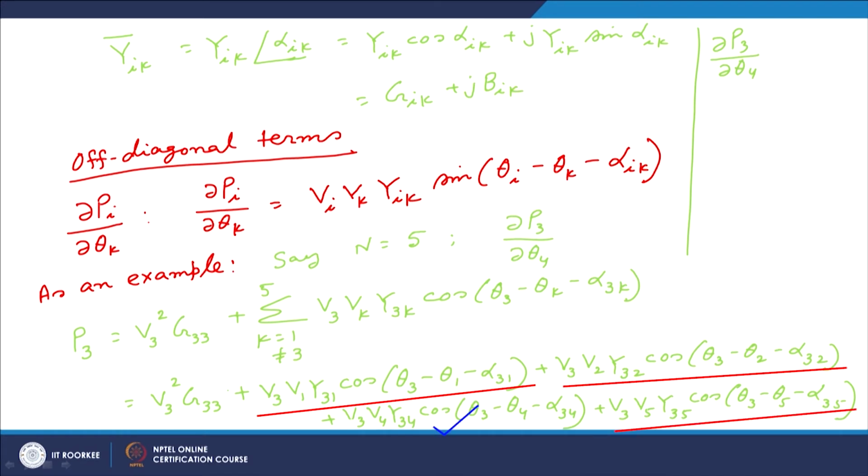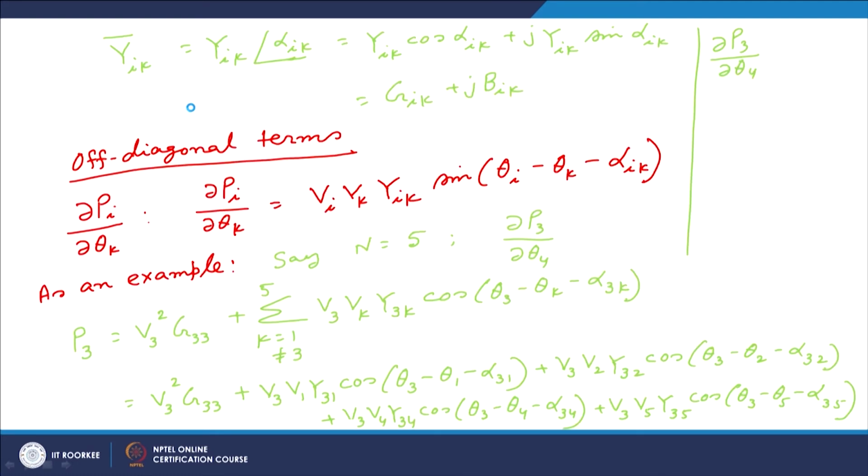Only this term would come into picture, and cosine has a partial derivative minus, and for this minus theta 4 I will get another minus. So, clubbing everything together, it would be V3 V4 Y34 sin(theta 3 minus theta 4 minus alpha 34), and that is what we have written. So, delta Pi by delta theta k would be Vi Vk Yik sin(theta i minus theta k minus alpha ik).